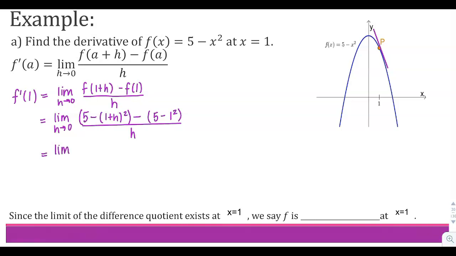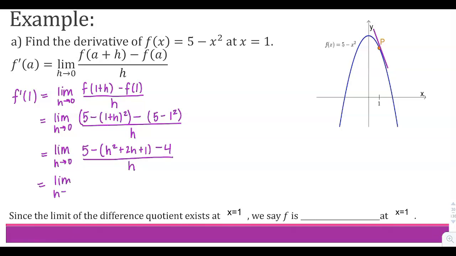And now we are going to evaluate the limit. We're going to go all the way this time, not just set it up. So in the numerator, we're going to have 5 minus, I'm going to keep parentheses. If I distribute, I get h squared plus 2h plus 1 minus, and then inside the parentheses I'll have 4, so minus 4 all over h.